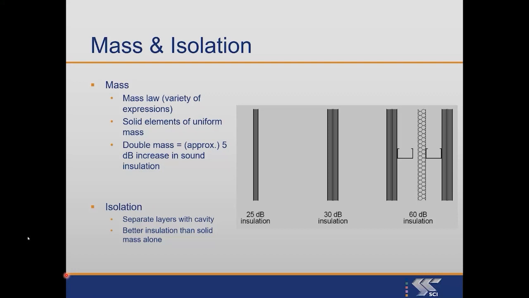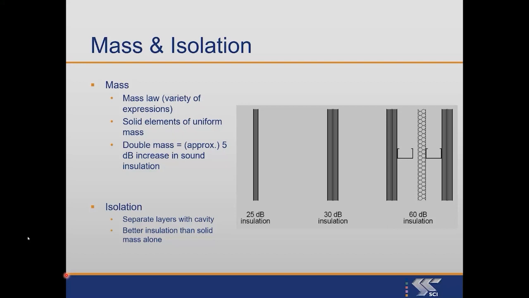So that might give you something like 25 decibels of sound insulation. The mass law for acoustics means that approximately, if you double the mass, you can get a 5 decibel increase in the sound insulation. So if we double that layer of plasterboard to 2 layers of plasterboard, we can expect to get about 30 decibels of sound insulation.